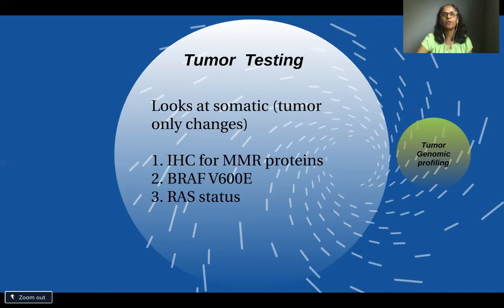So if you have unmutated mismatch repair proteins, then your tumor is called microsatellite stable, or MSS. And if your tumor has abnormal or mutated mismatch repair proteins, then your tumor is MSI high, or microsatellite instability high. So this is the basic kind of testing that everyone should have.